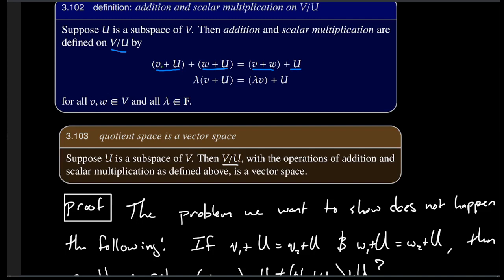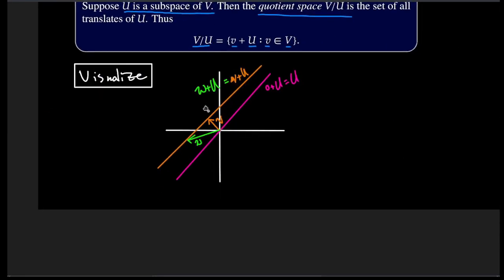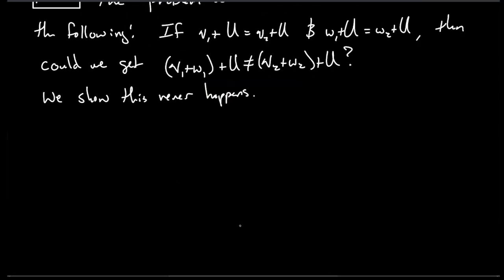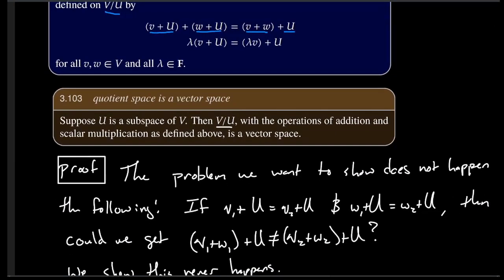After all, the translate of u where I translated it by w and where I translated it by v, they are the same. It doesn't matter whether I use v or w, so it shouldn't matter when I'm doing addition whether I used v or w. That is, it shouldn't matter which representative vector I chose to describe how u was translated. I should get the same thing out when I sum together.